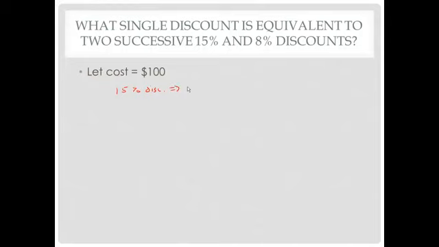paying 85% of the price, or 85% of 100. To find that, let's change the 85% into a regular number, 0.85, and multiply it times 100.